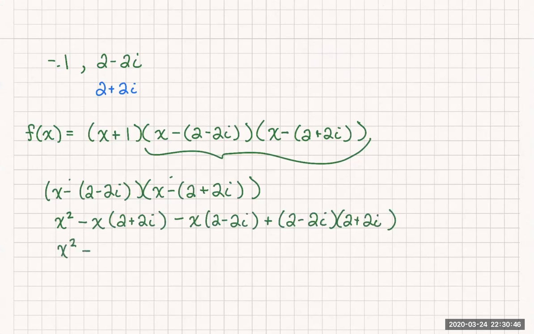We can distribute the x. And remember, what do we do here? This is a binomial times its conjugate, so it's a difference of squares.